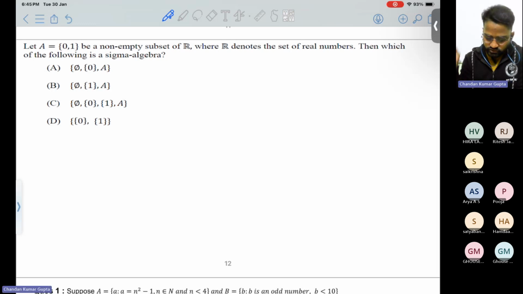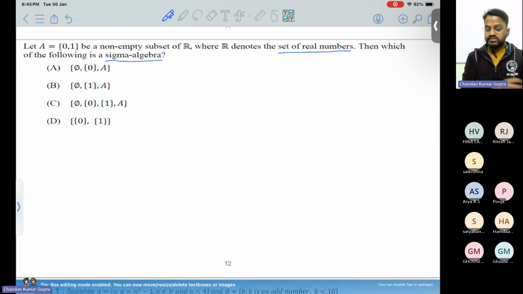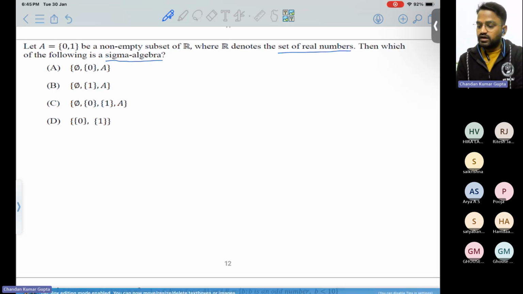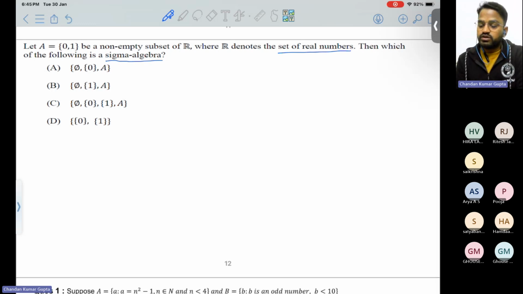The first question: let A equal {φ, 0, 1} be a non-empty subset of R, where R denotes the set of real numbers. Which of the following is a sigma algebra? First, we should recall the definition of a sigma algebra.